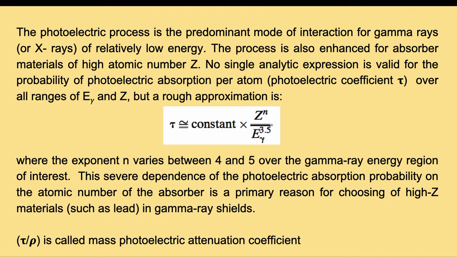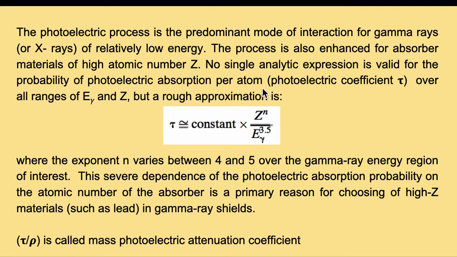The photoelectric process is the predominant mode of interaction for gamma rays of relatively low energy, and this is also true for X-rays. The process is also enhanced for absorber materials of high atomic number Z. No single analytic expression is valid for the probability of photoelectric absorption per atom.